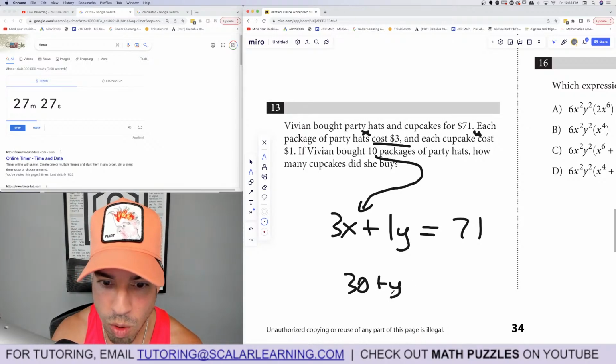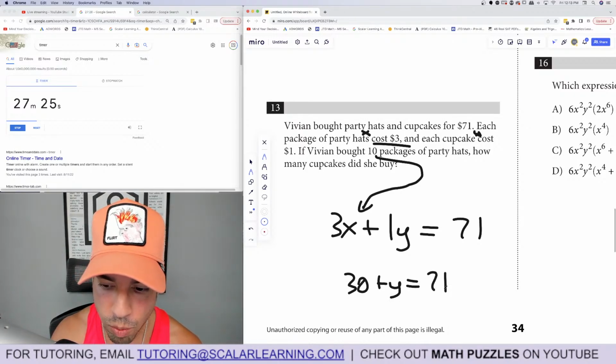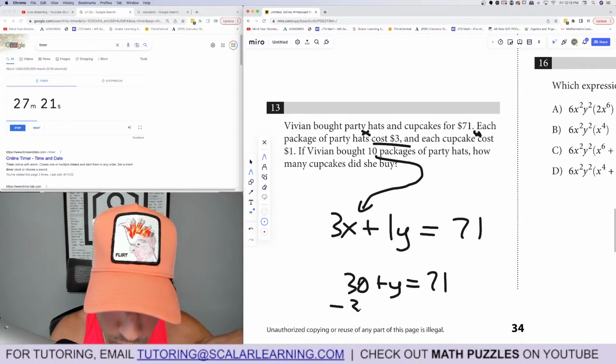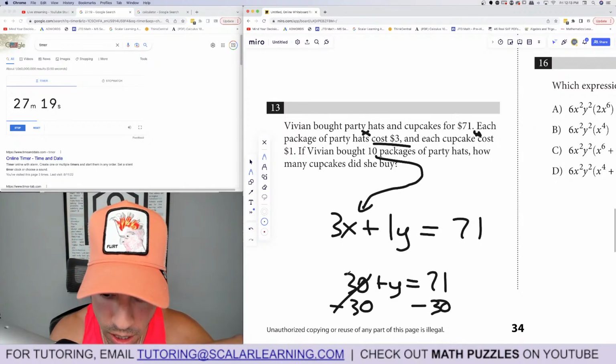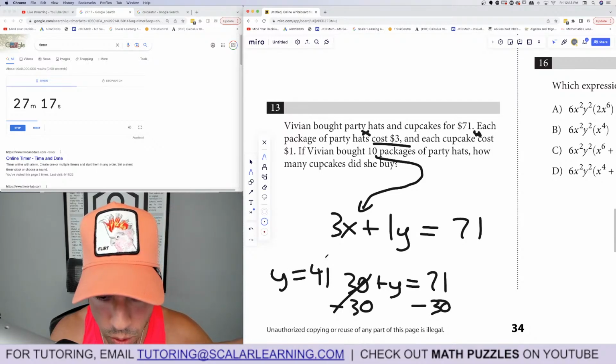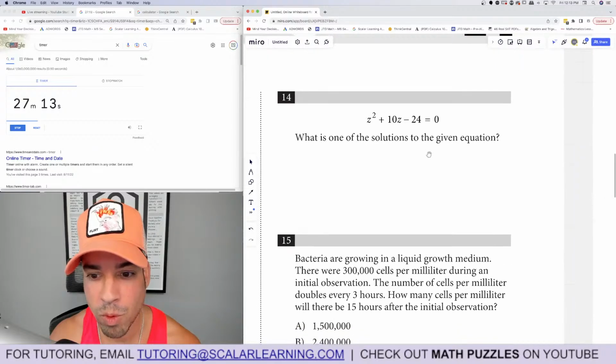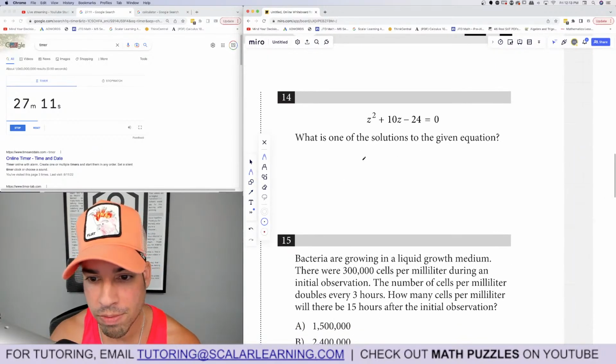That's 30 plus y equals 71. Y is my number of cupcakes. Now all I have to do is subtract 30 from both sides. We get y equals 41 for the win. Done. And number 14, what is one of the solutions to the given equation? Sweet, let's factor.